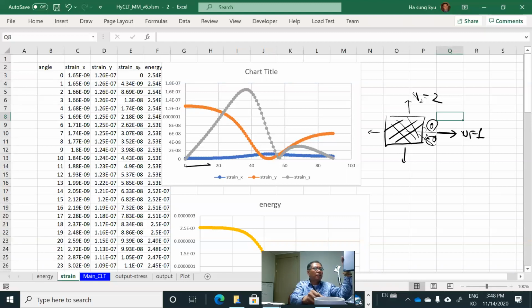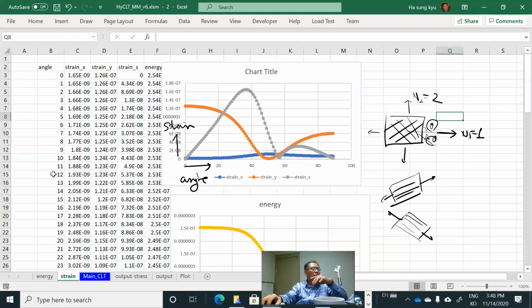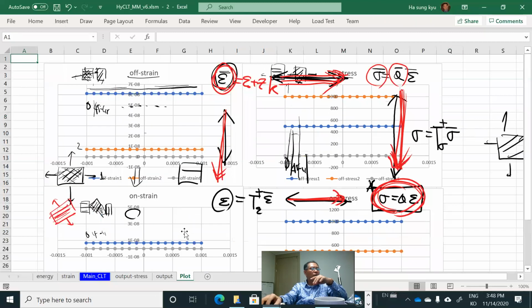See, this is the angle, and this is the strain of each one. We have the strain of this one. While we have many plies, we may have another ply, this one. We already have the distributions of all the strains.